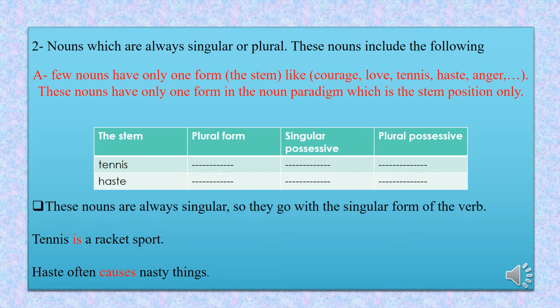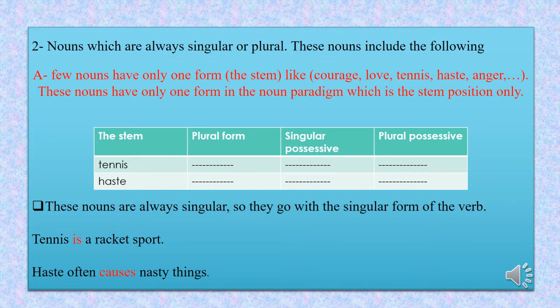Since these nouns are always singular, they should go with the singular form of the verb. In the present simple tense, when these nouns come in the subject position, the verb after them should take the S third. If we have is or are, they should take is. If we have has or have, they should take has, because they are singular.